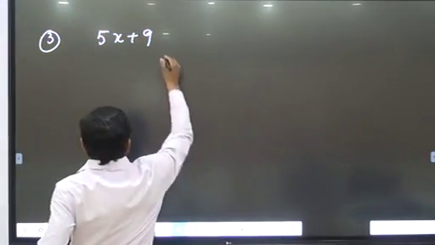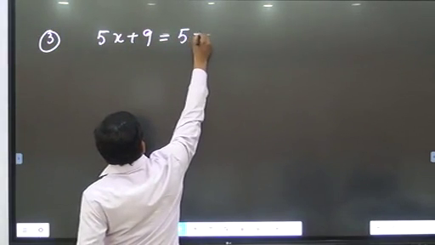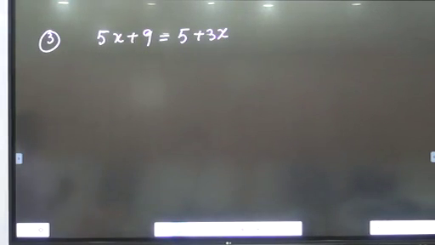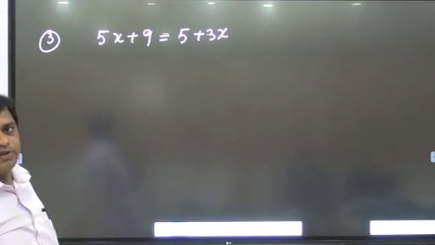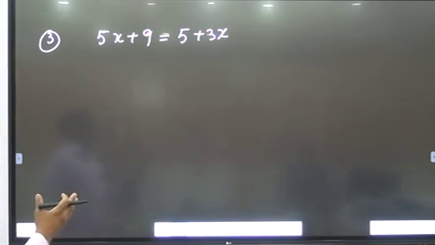5x plus 9 equal to 5 plus 3x. So students, I want to explain that this equation is similar to the last question, because you will apply the same steps: transfer variables to one side and constants to the other side, apply the operations, and then you can find the value of x.